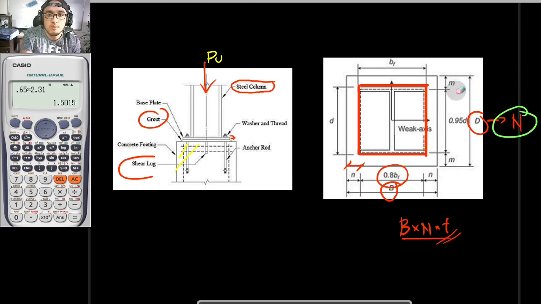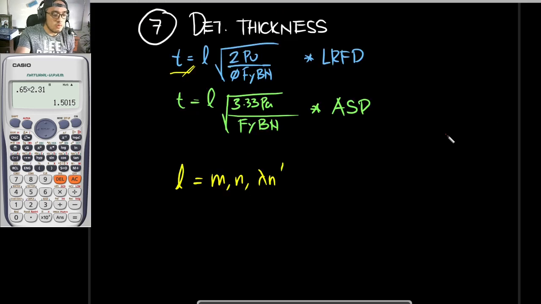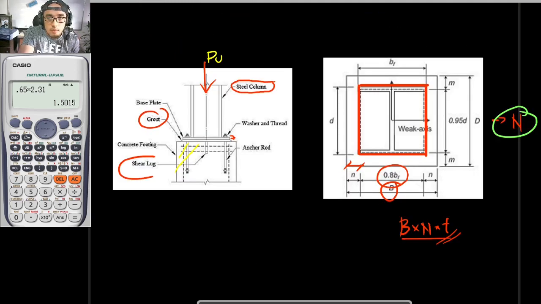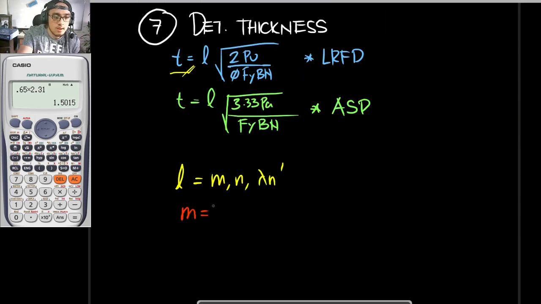It is the same for m. For m, the total depth, N, minus 0.95D, divided by 2, to get the value of m. So, our value for m would be, I forgot, N minus 0.95D.